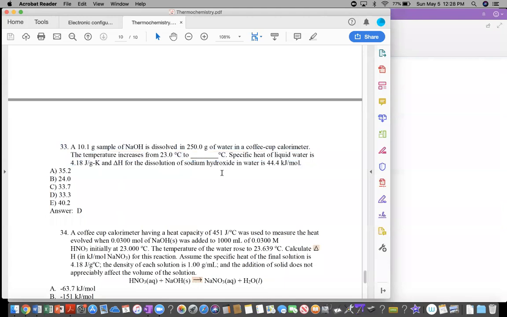So this question is the opposite of the ones we were doing. Remember the coffee cup calorimeter? You find Q solution first. Q solution gives you Q reaction. Q reaction gives you delta H reaction. This question is the opposite. It's giving you delta H. So first find your Q reaction from here. Once you have the Q reaction, that will give you the Q solution. Once you have the Q solution, using MC delta T, find delta T.